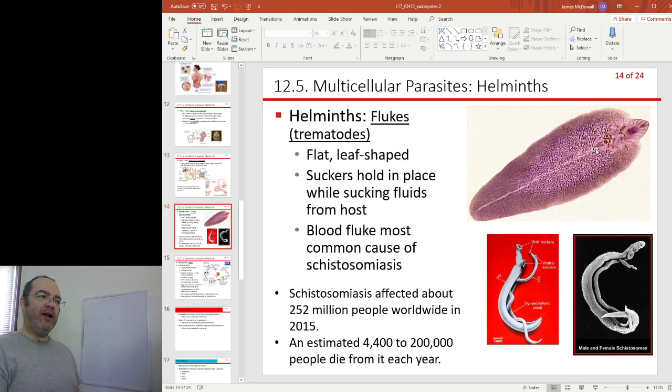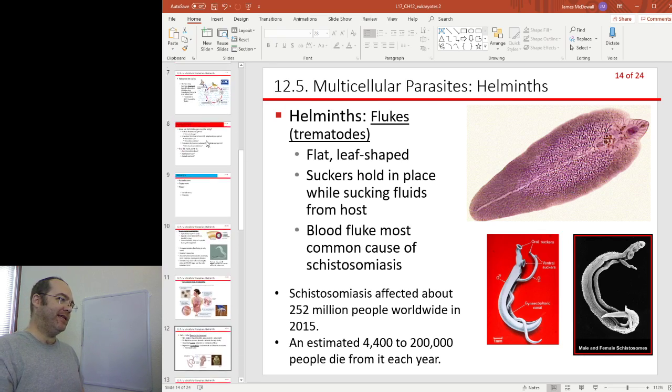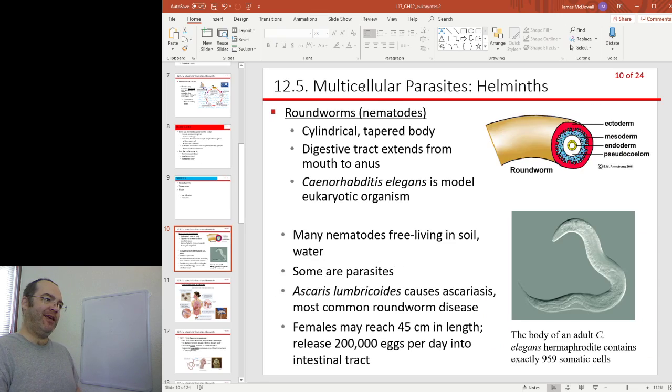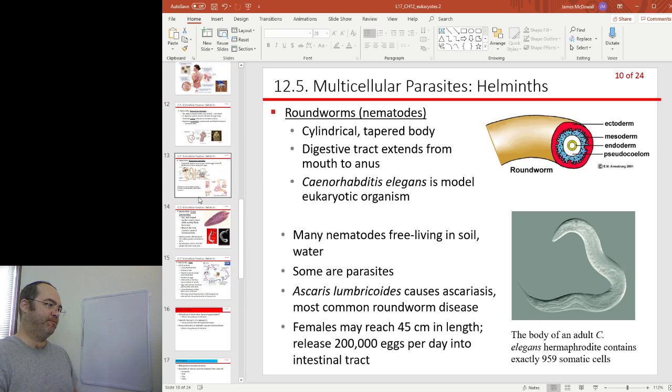They just have the one opening, and they have an intestinal tract. So the food goes in, it gets digested and absorbed, and then the waste is released out of the same hole. They don't have a complete digestive system like we saw in the nematodes.